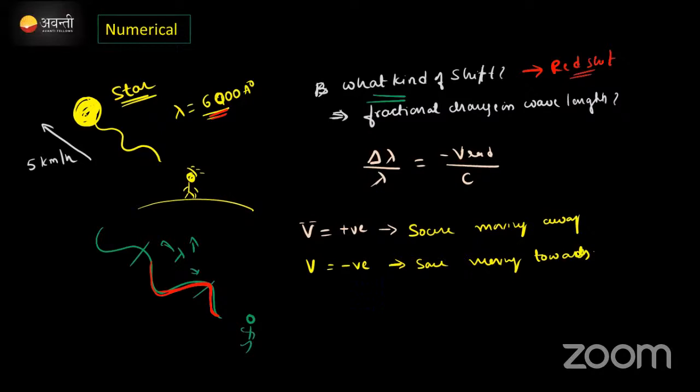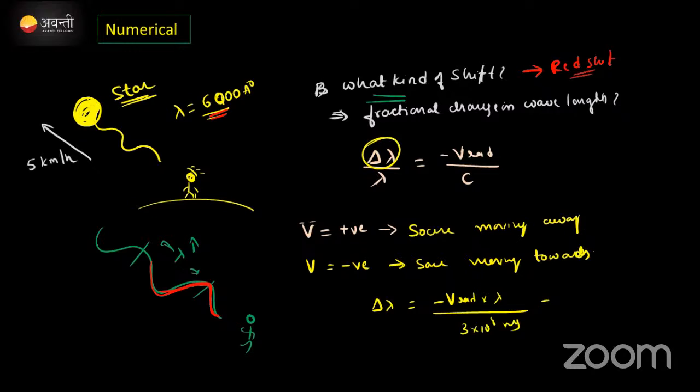Correct. Take these values here. First, calculate the change in wavelength: delta lambda is equal to, taking lambda to the right-hand side, minus v radial into lambda divided by c, which is 3 into 10 to the power of 8 meter per second.